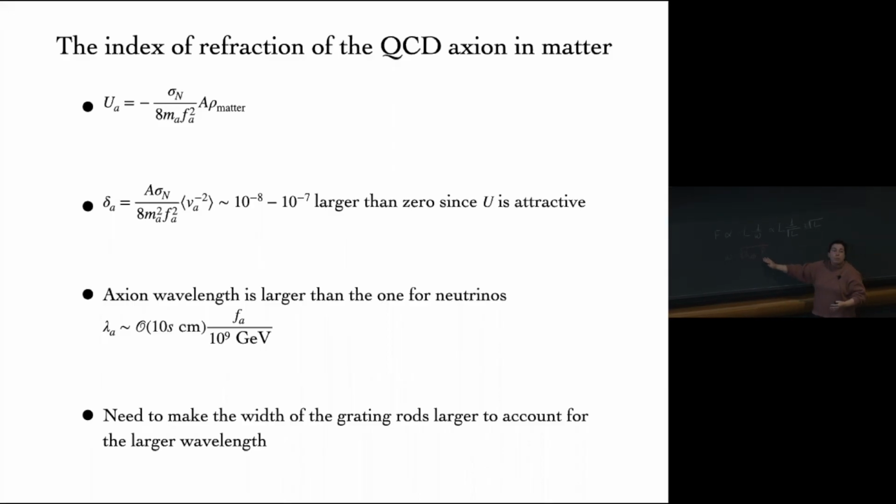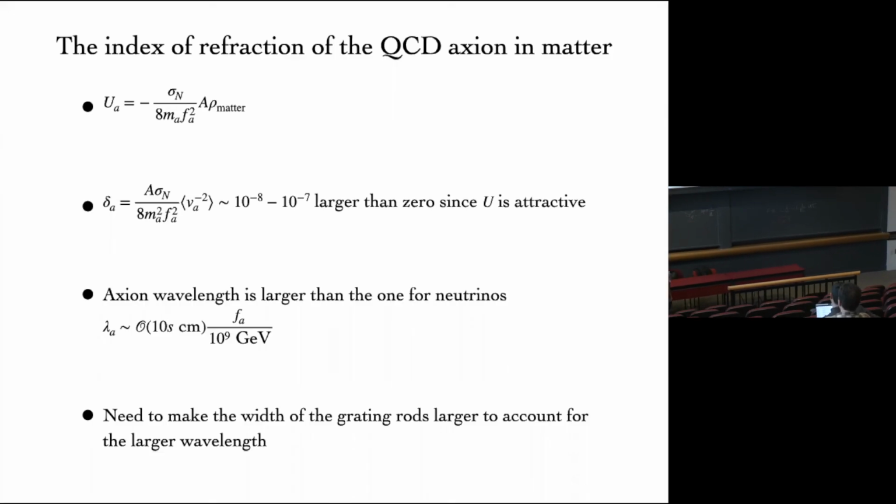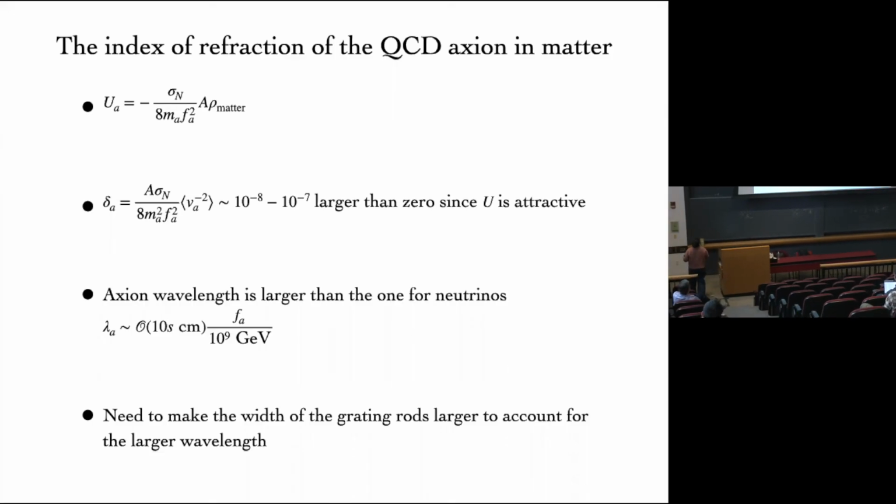So if I keep the radius fixed and increase the wavelength, I have to increase W. In principle, if you were to use the same structures as for neutrinos, you would have to find a way to bring these things together so that they form thicker structures if you want to perform the same experiments at the same time.